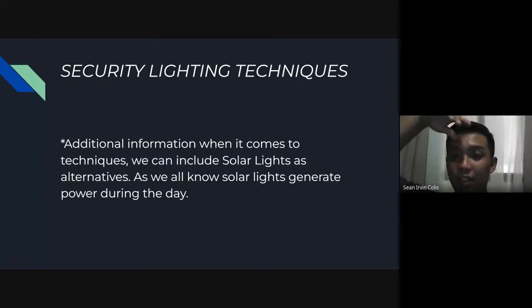So it is quite good security lighting, but it is also low cost and doesn't need to be plugged in, so there's nothing to worry about when it comes to the electric bill because it generates power from sunlight.